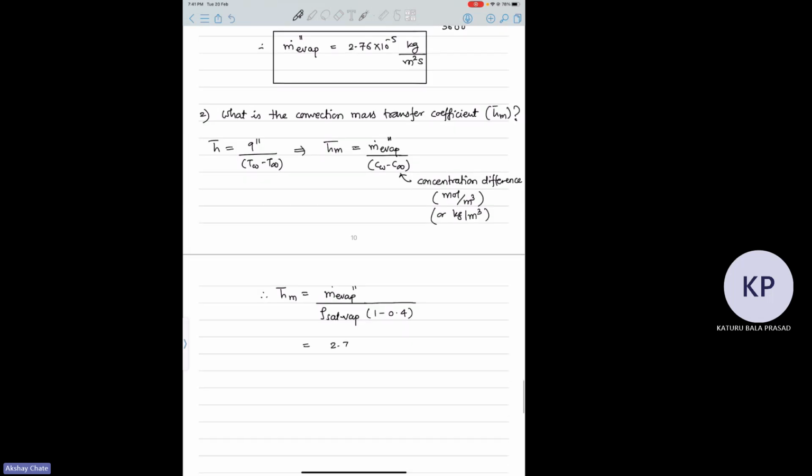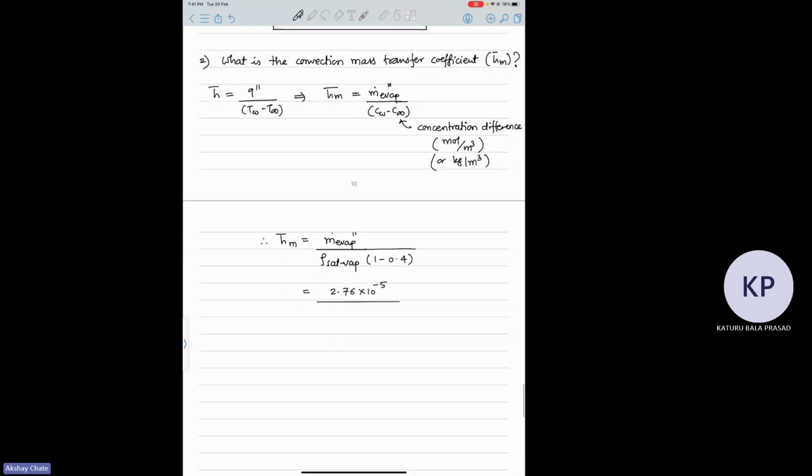So this we calculated in the first part, and the density of this is 0.0, I think 336 or something like that. 336 into 0.6. So if you calculate, you should get 1.37 into 10 to the power minus 3 meter per second.